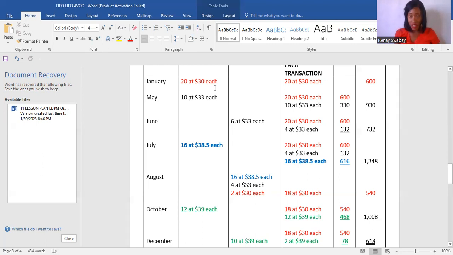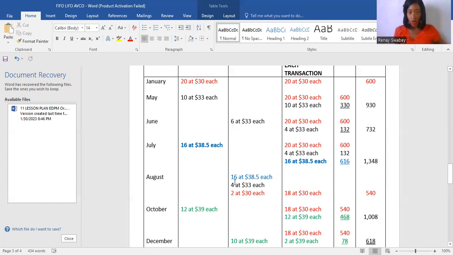We're not paying attention to this here because we would have completed selling them off in, wait, let me see. No, we didn't complete selling this off. 20 at 30 transaction, 600. We're going to complete selling it in August. So in August, again, we have our 4 items at $33, which would have been what is left over from May.